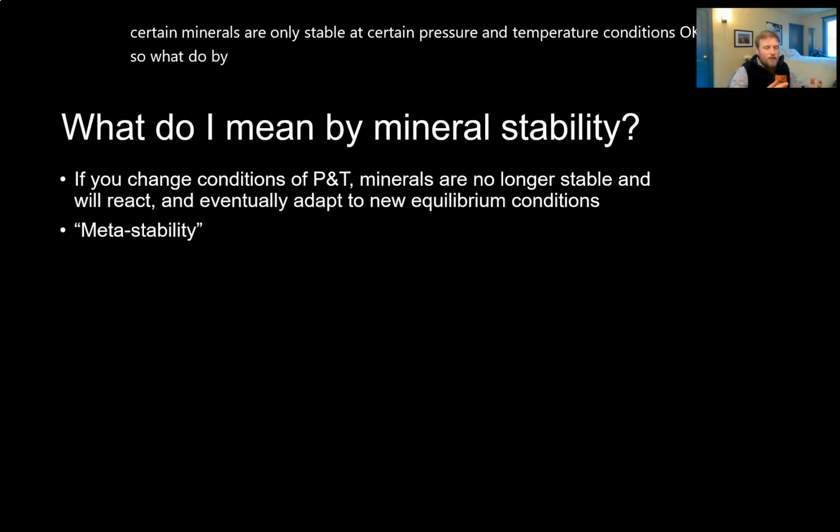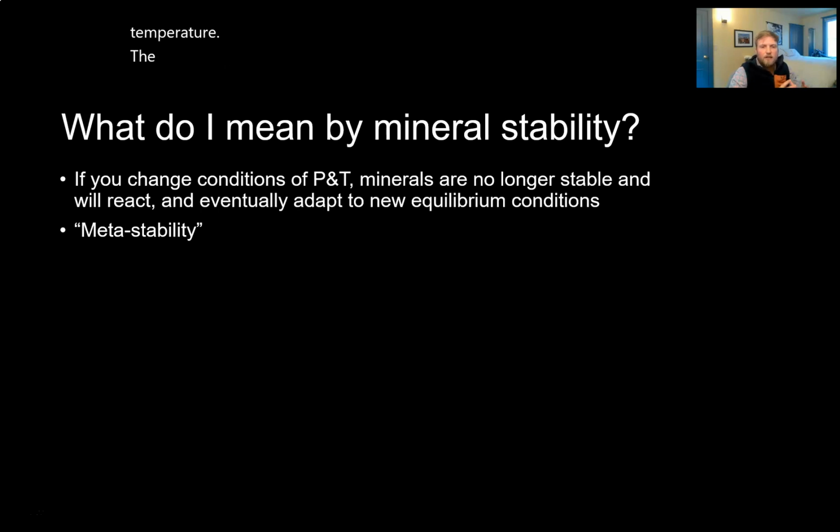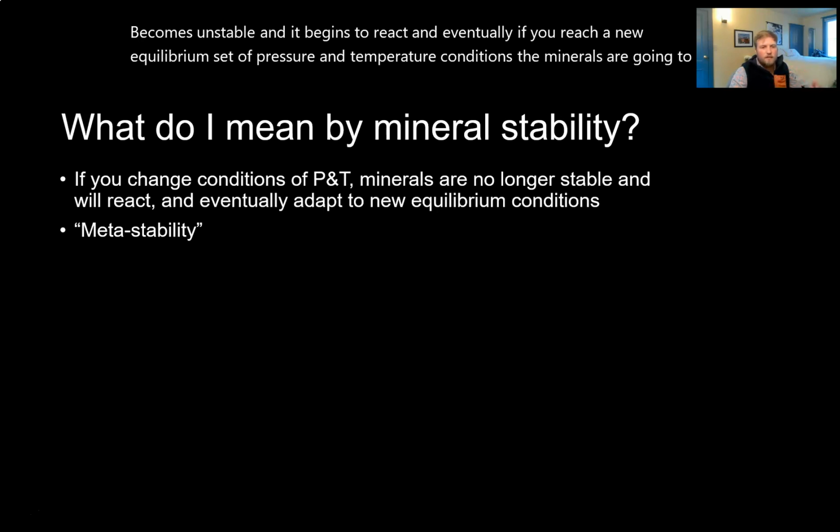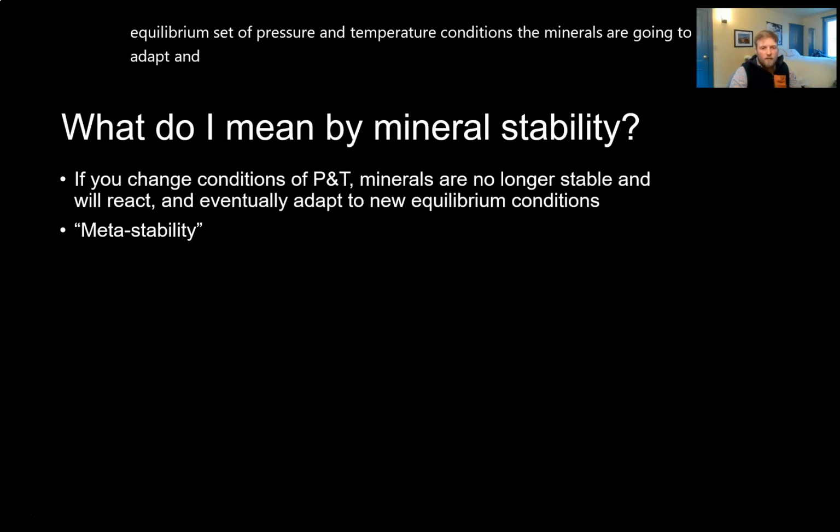Well, if you change the conditions of pressure and temperature, the stability of that crystalline arrangement of atoms and that chemistry becomes unstable and it begins to react. And eventually, if you reach a new equilibrium set of pressure and temperature conditions, the minerals are going to adapt into a form that's stable.